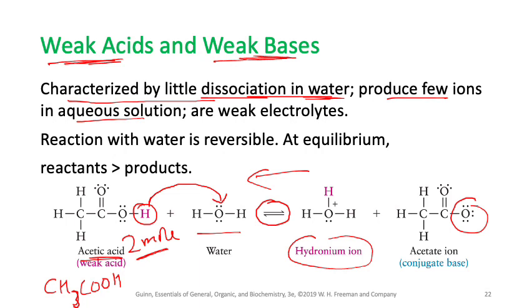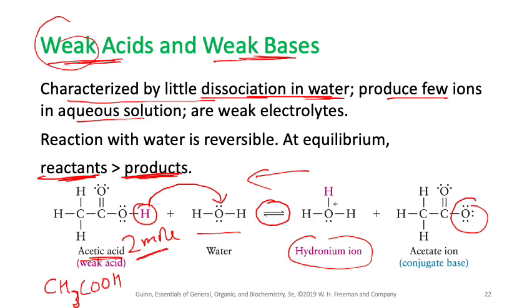So that means this is a weak acid. And if it's a weak acid, the reactant concentration is always higher than the product, because the name is saying weak. That's why the acid wants to be present in its original form rather than in a dissolved form.